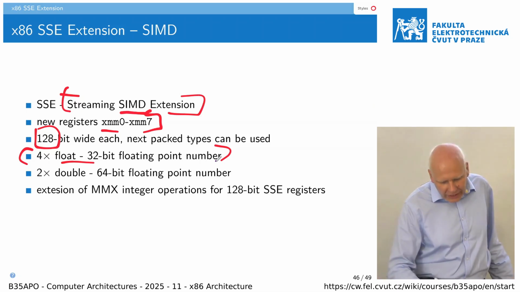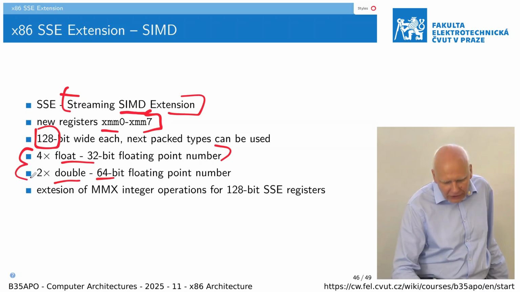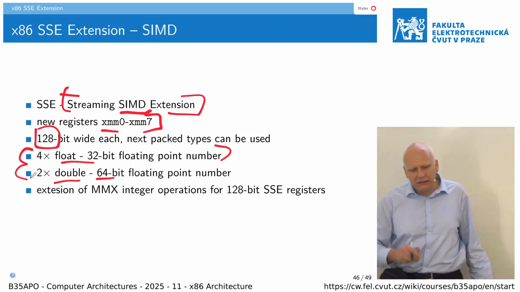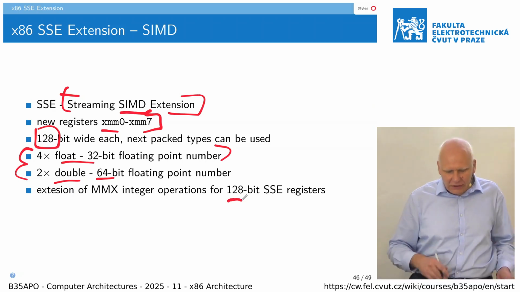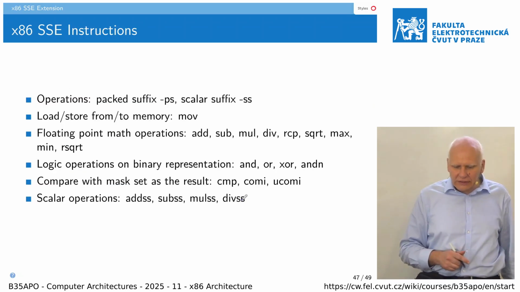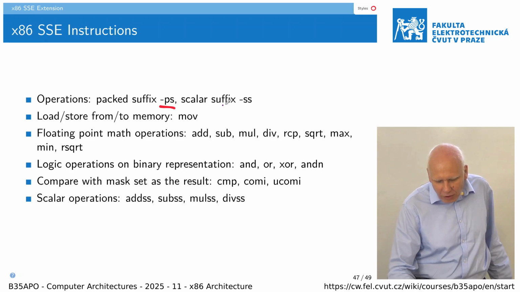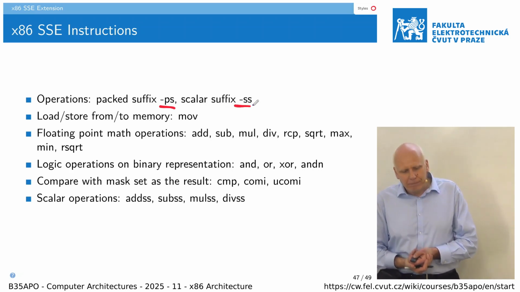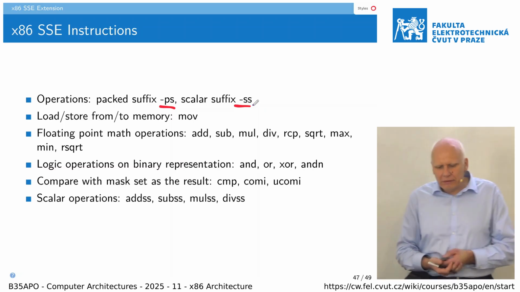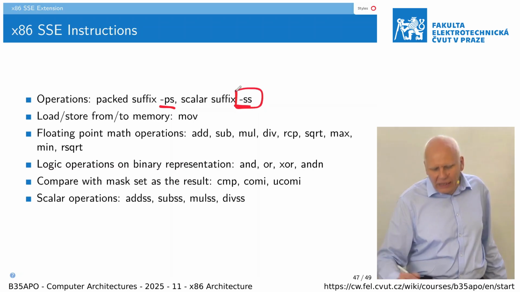And okay, for the floating point double format, you can store only 2 in a single 128-bit register. And for those registers, operations were added not only to do the packed operation, but even to apply the scalar operation.